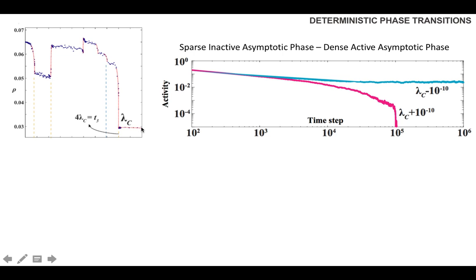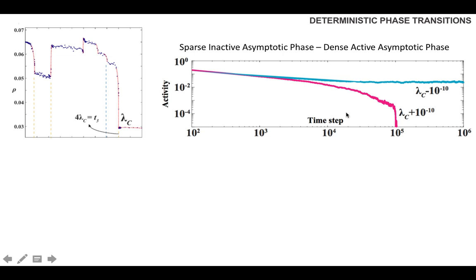Although Conway's Game of Life is a really interesting system, it stops eventually. For example, if you take a 1,000 by 1,000 grid of cells and start from an initial condition, after 10^5 steps the system reaches equilibrium, or an inactive asymptotic phase, meaning there is no activity left.